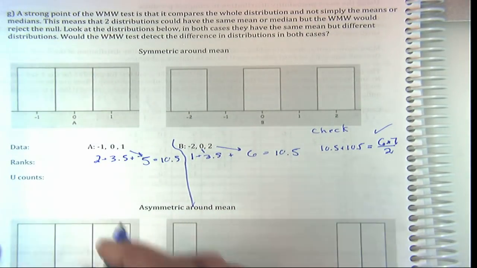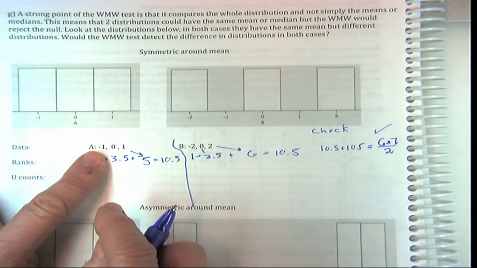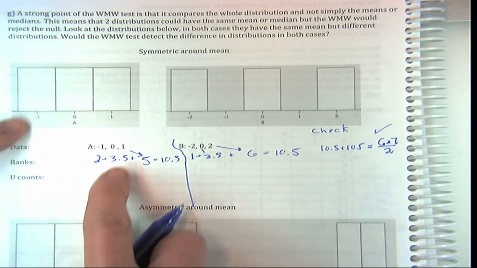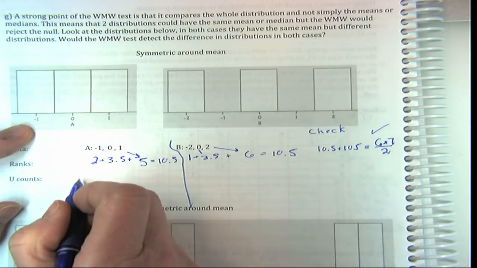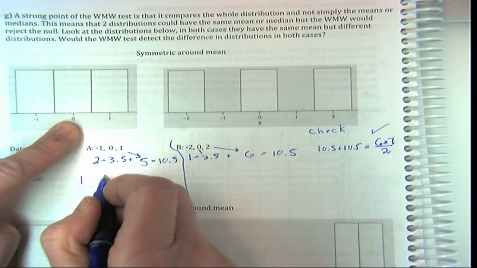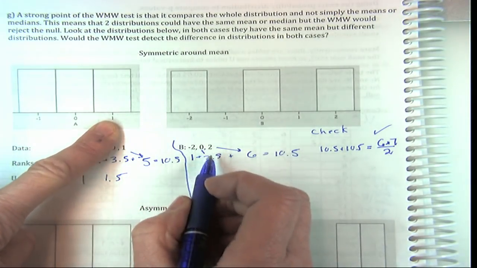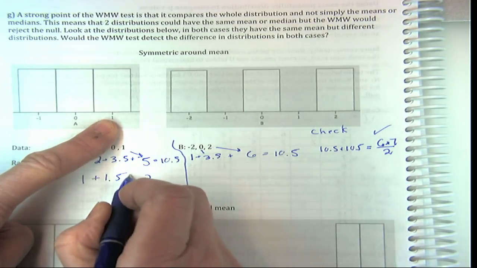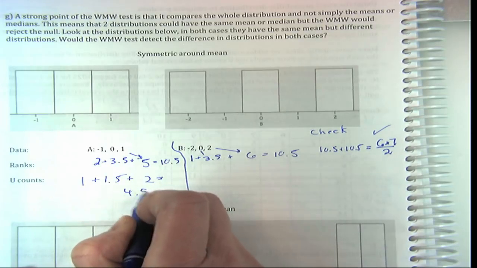Now let's do the counts. Now, if we're doing the counts, we can say -1, this beats what? -2, and that's it, 1. 0 beats 1, that's 1.5, and 1 beats 2 of them, this and this one. So we get 1 plus 1.5 plus 2 is equal to 4.5.